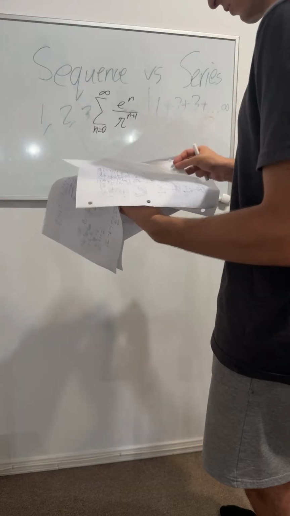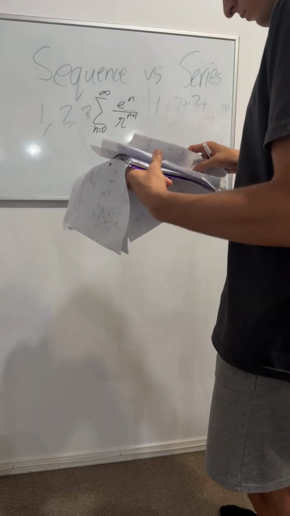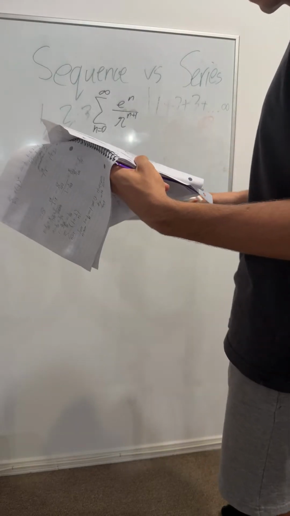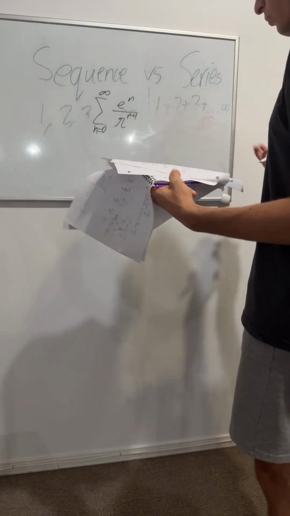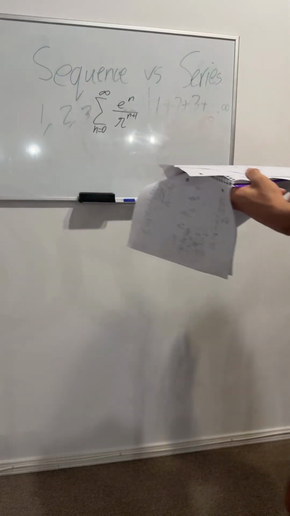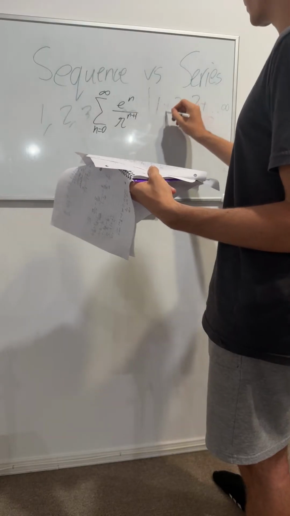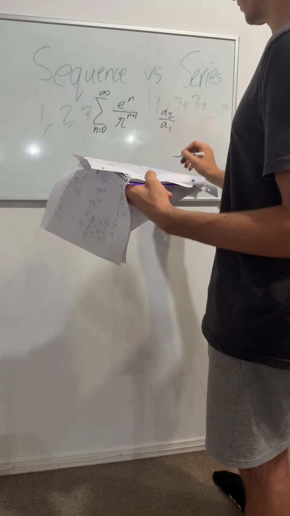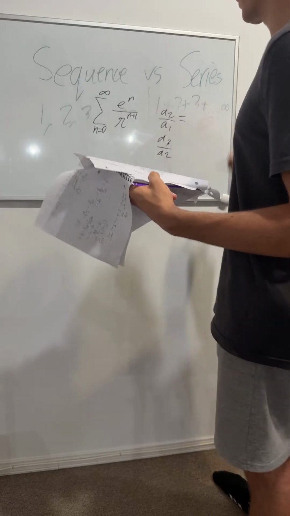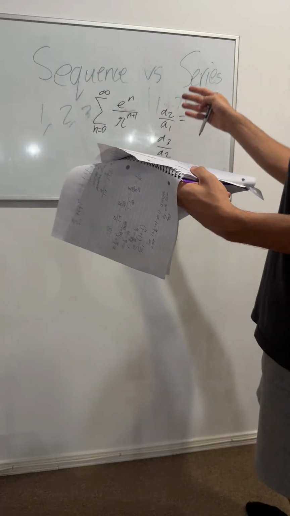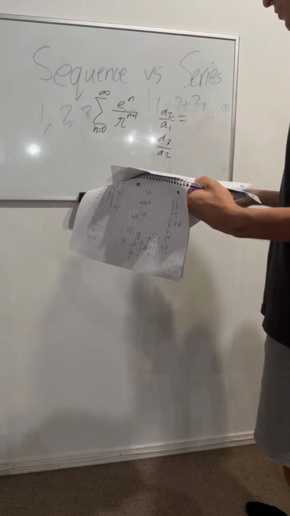What do you know? Let me find it. So what do we do? Well, we want to see if this series is geometric or not. So what we would do is try testing it out, right? A2 over A1 is the first one, and A3 over A2 is the second one. Remember, A1 is the first number in the series.